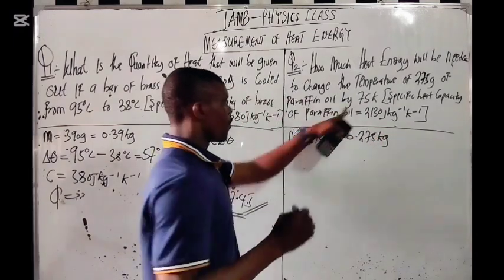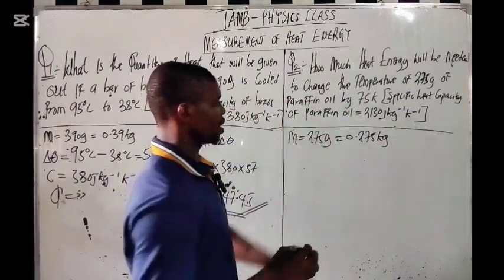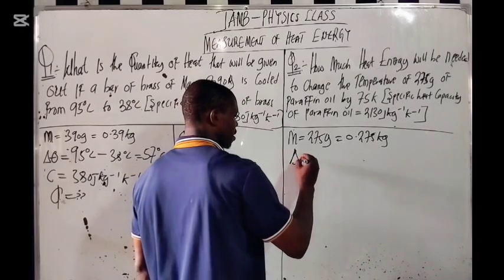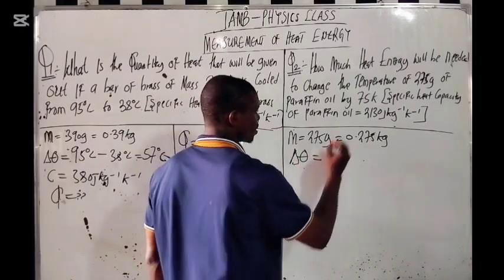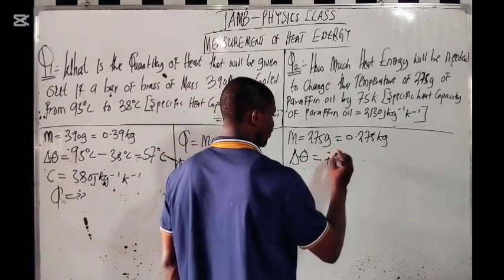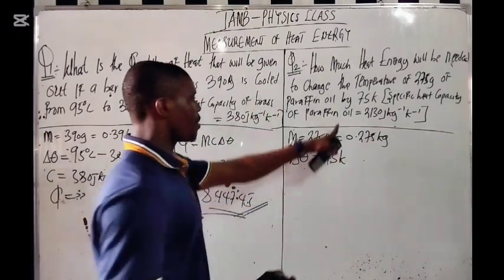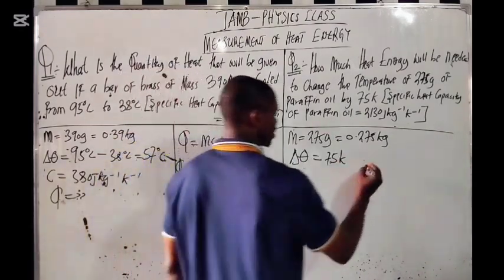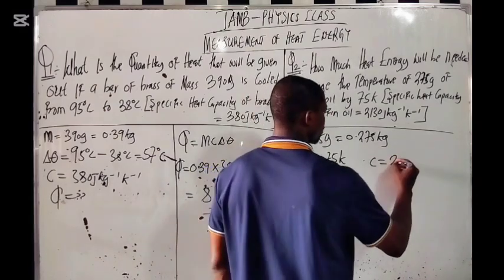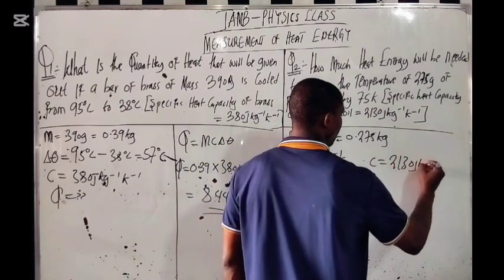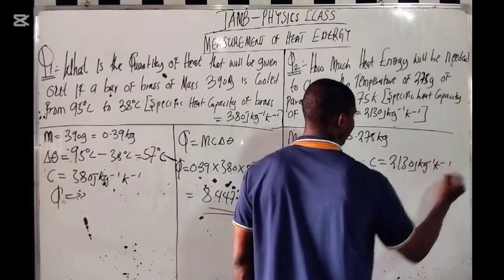Now my change in temperature is already given as 75 Kelvin. And my specific heat capacity, c, is 2130 joules per kg per Kelvin.